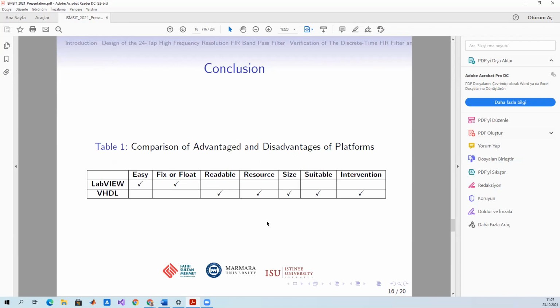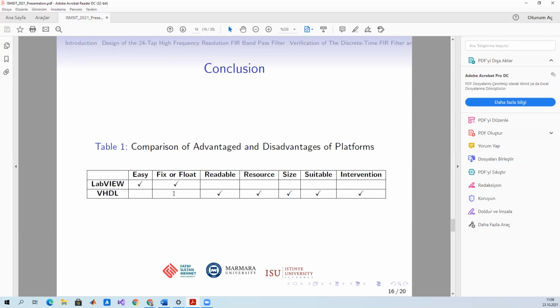FIR filters in LabVIEW use graphical programming, with almost no chance of iteration for each piece of code. We see the ease of use in LabVIEW, and there is no need to use fixed or floating point implementation, unlike VHDL.